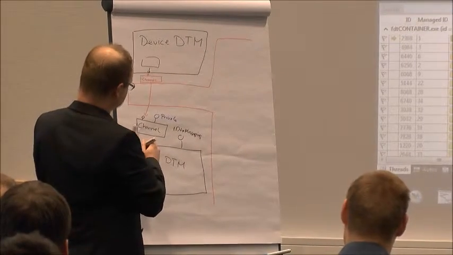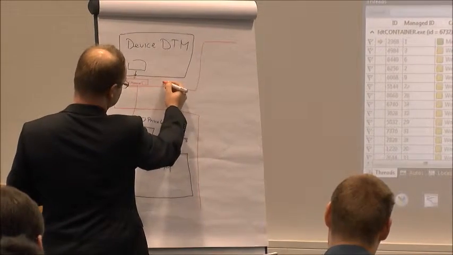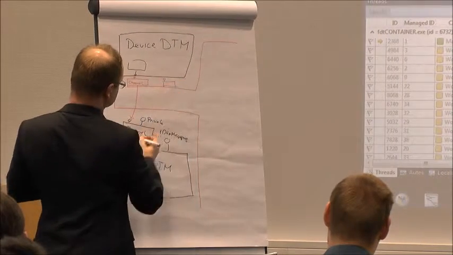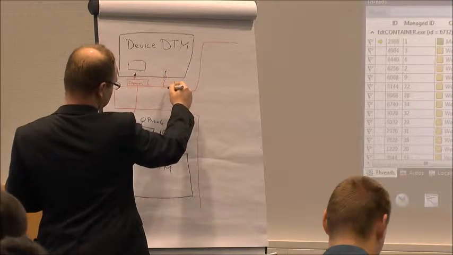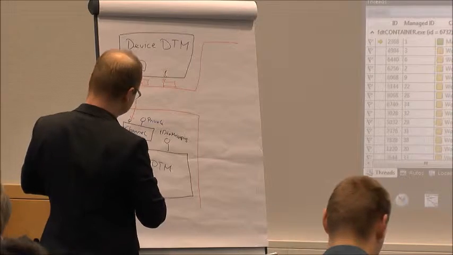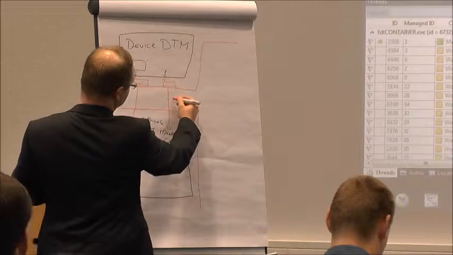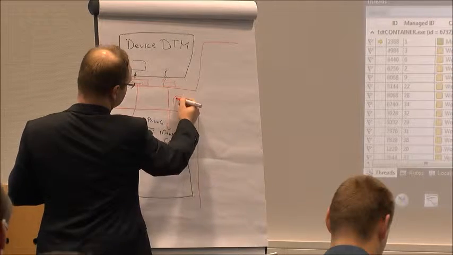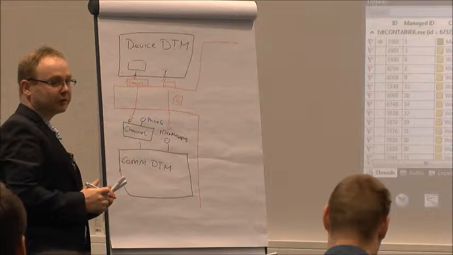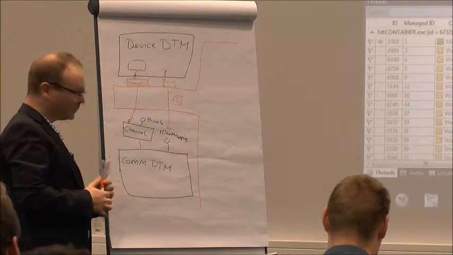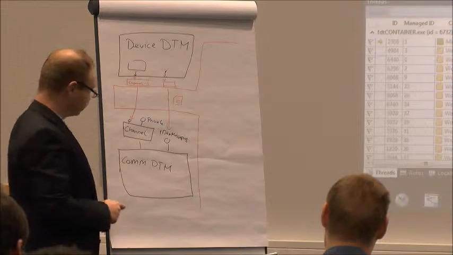The DTM can get a proxy for this one, and then they can exchange messages through this interface. But those have to be serializable messages, the same as we used in the UI. So it's not so convenient anymore, but still possible.